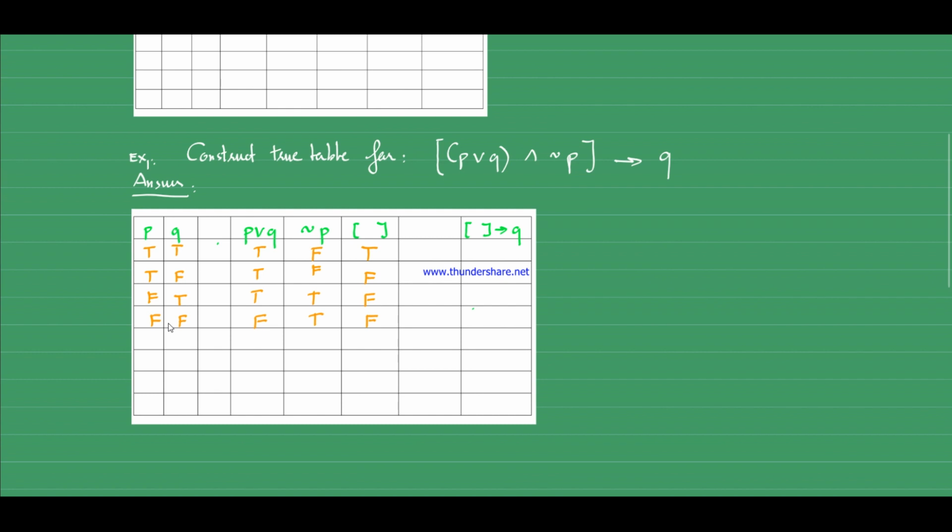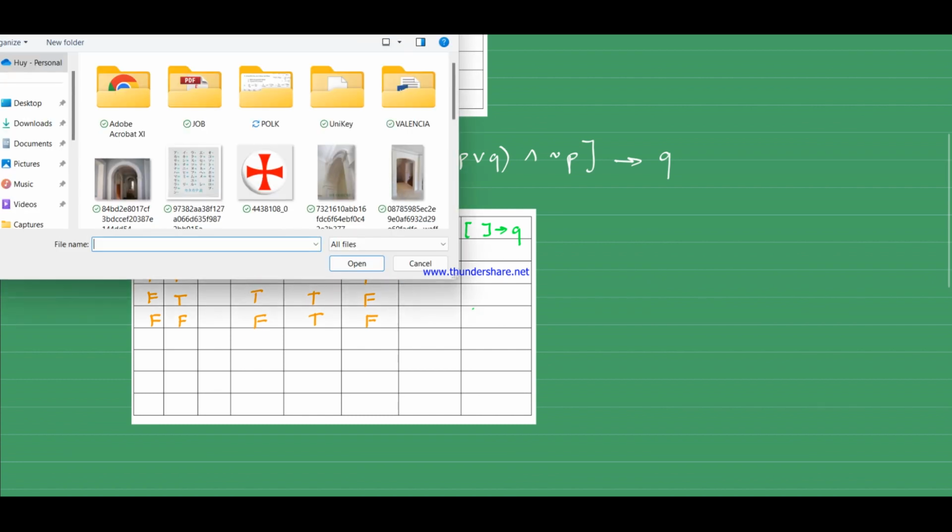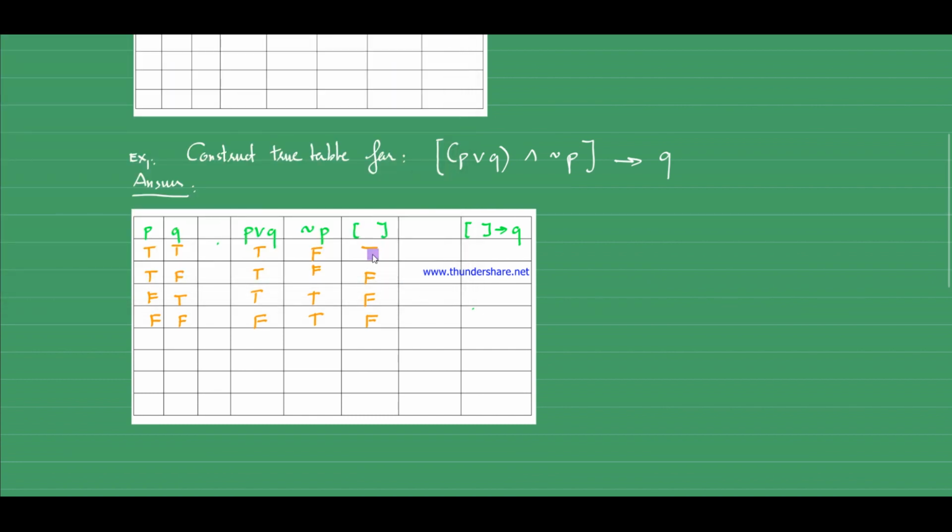I just want to make sure that I do it right. Let me see. So this one would be, right? Oh, I'm sorry. It should be this. You go with this. So this should be this.